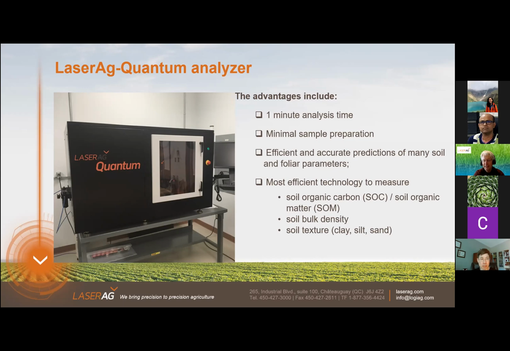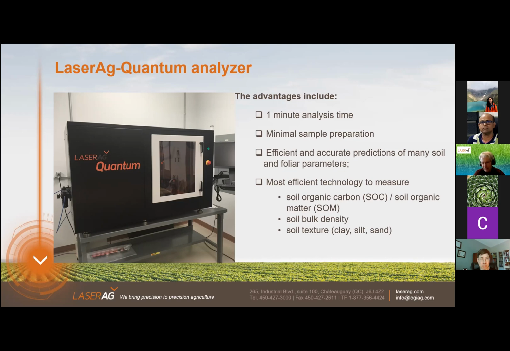When you put a sample underneath the laser, it takes less than a minute to get the complete soil or foliar analysis. When I say complete, it will include soil texture, soil bulk density, soil organic carbon, soil organic matter, pH, level of P, K, calcium, magnesium, micronutrients, and so on.